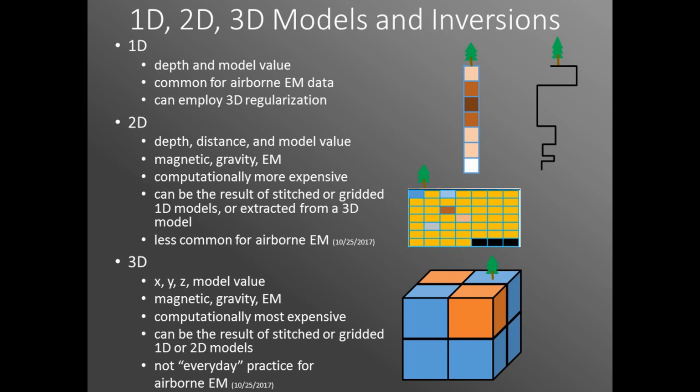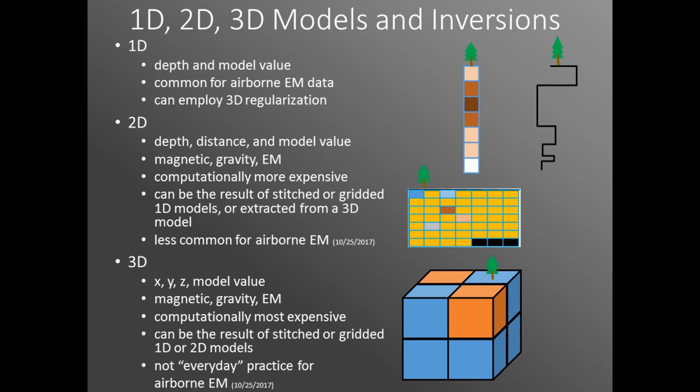And these inversions and models can be generated for magnetic, gravity and airborne electromagnetic data. Especially for the electromagnetic data, it's really computationally expensive, which means it takes a long time to get results. And it's much more difficult to create the programs that would do this modeling inversion. It's certainly not everyday practice for airborne electromagnetic data.